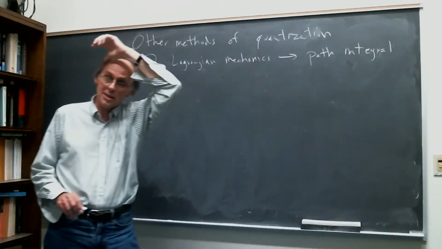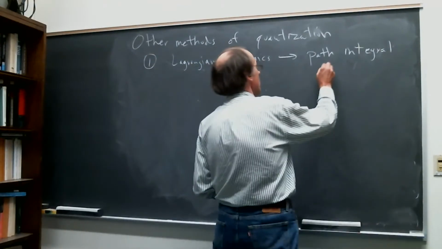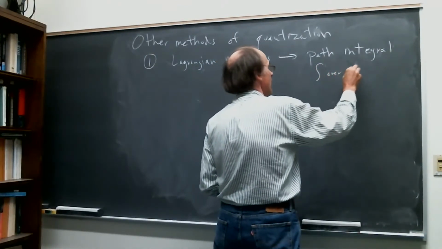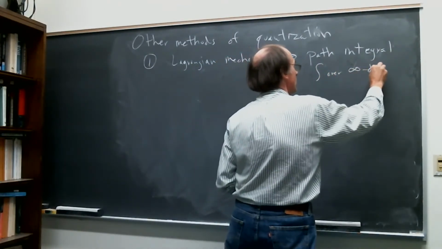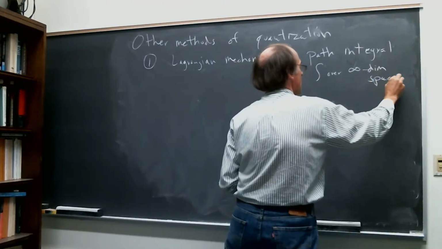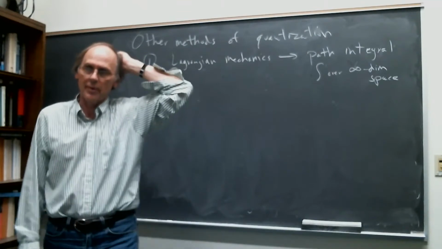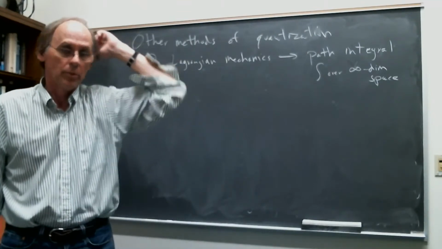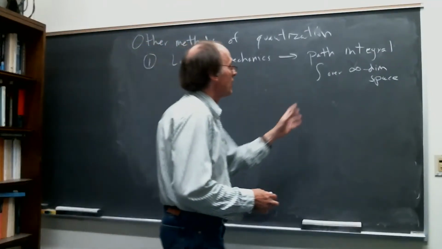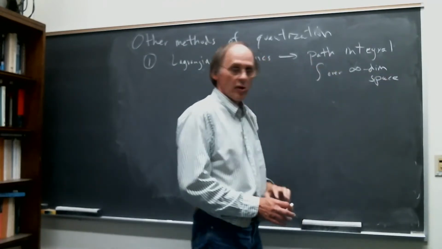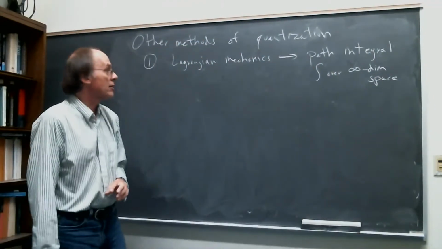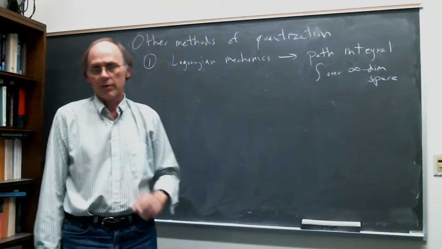But it's an integral over an infinite dimensional space, so making any kind of rigorous sense of these integrals becomes a very difficult problem. But at least formally, you can write down some integral which, if you can make sense of it, would in some sense give you a quantization.